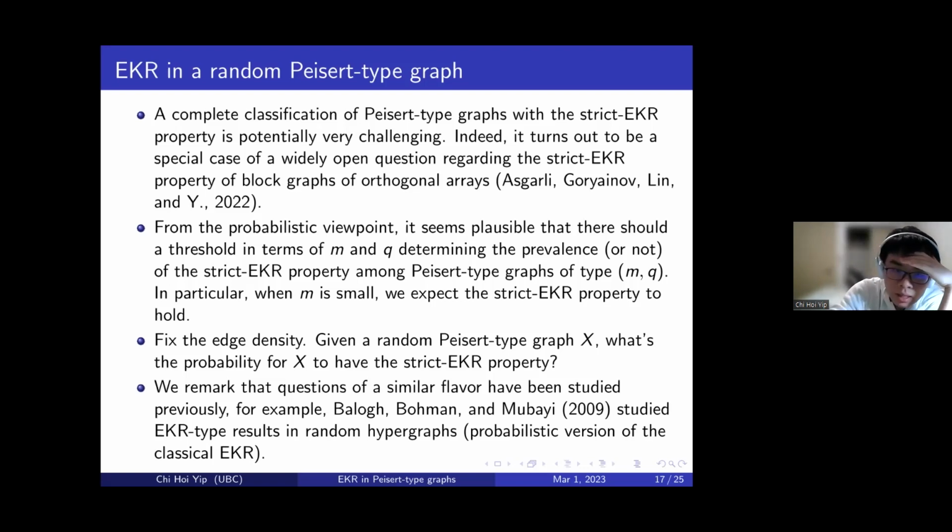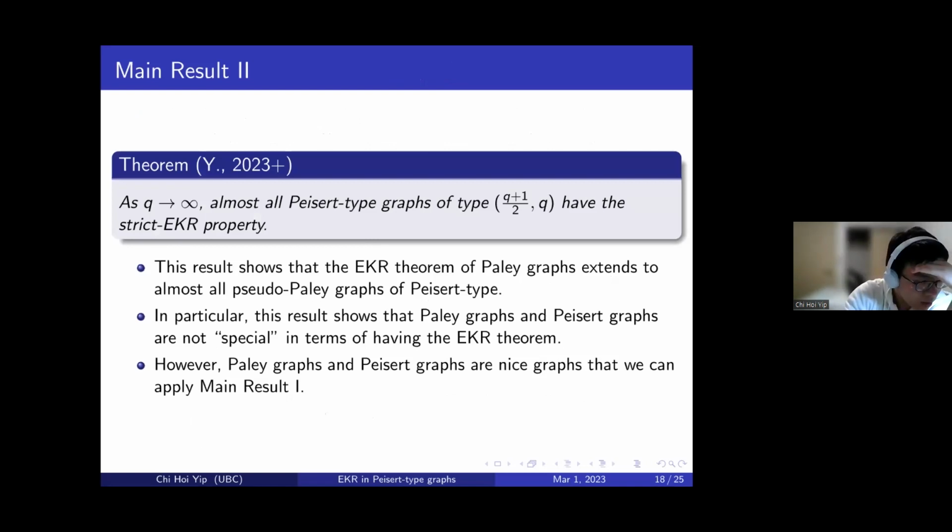And our second main result is that we can indeed say something about the proportion of Peisert type graphs with the strict EKR property. More precisely, we show that as q tends to infinity, almost all Peisert type graphs of type (q, 2q) have the strict EKR property.